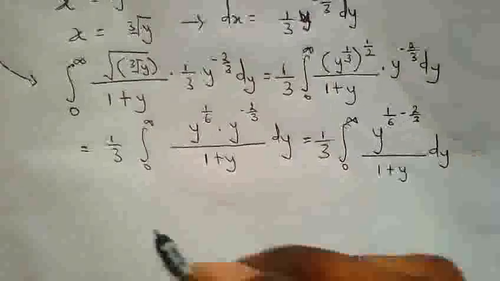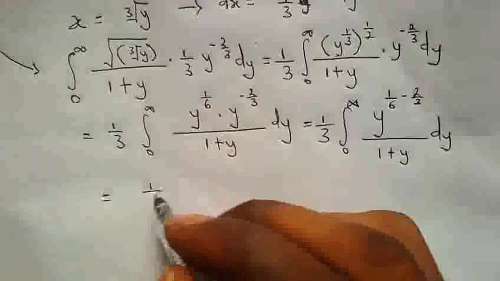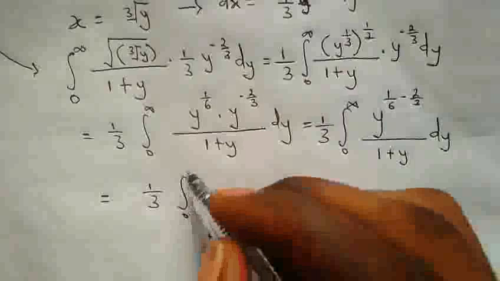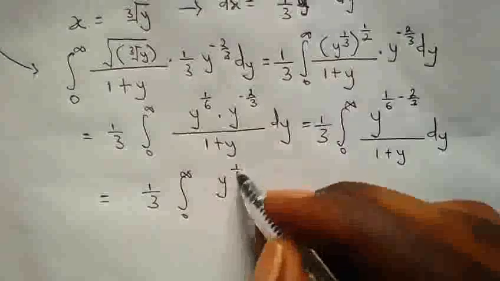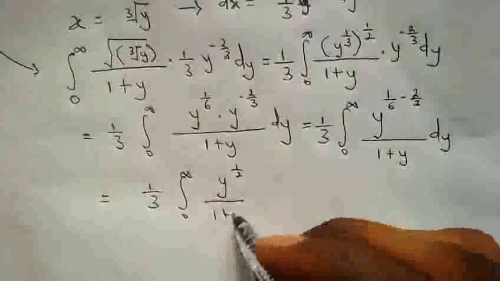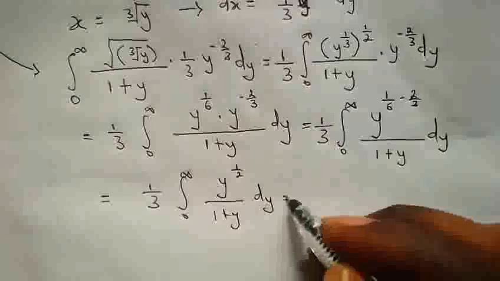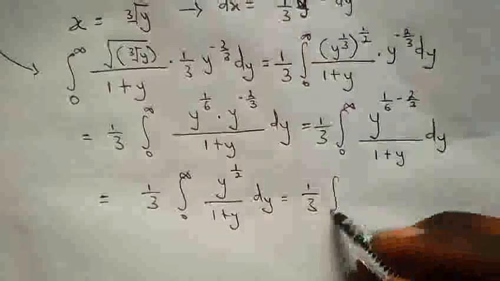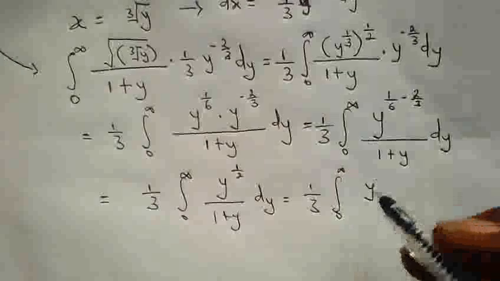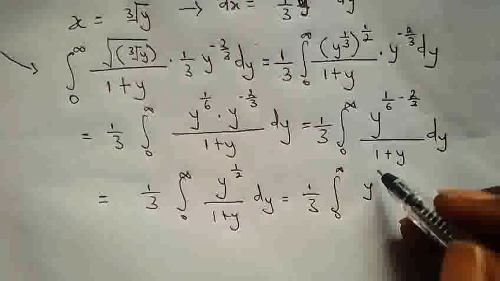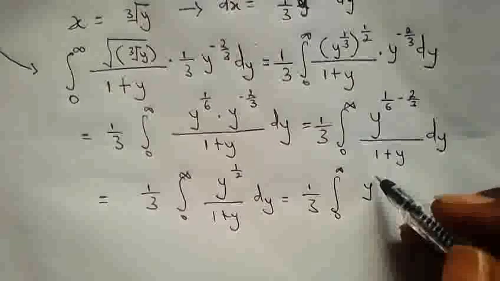So now we have this equal to 1 over 3 integral from 0 to infinity. If you subtract this properly, we get y raised to negative 1 over 2 over 1 plus y dy.